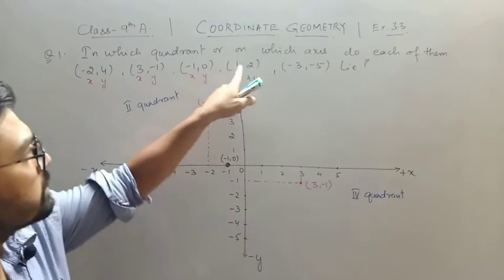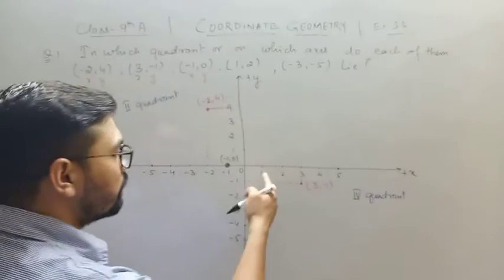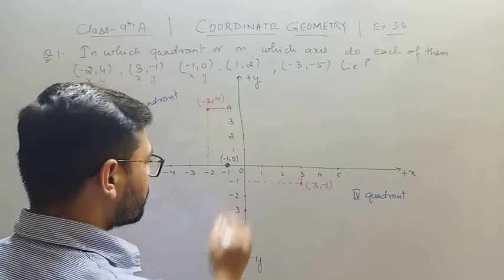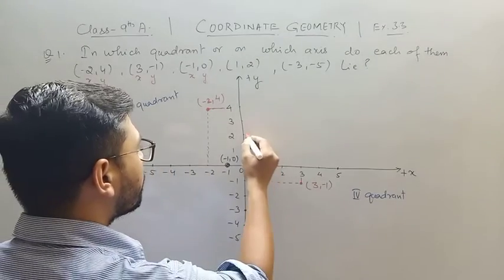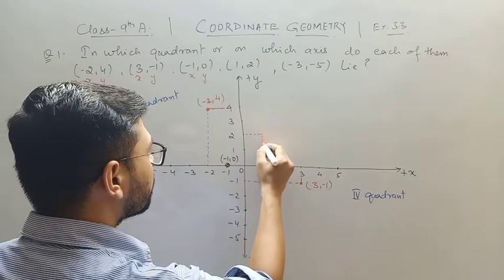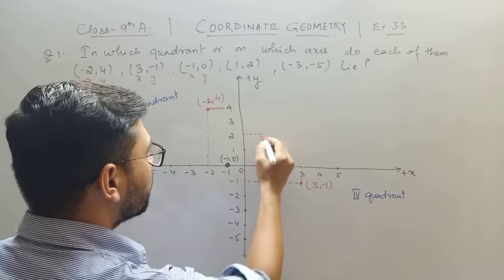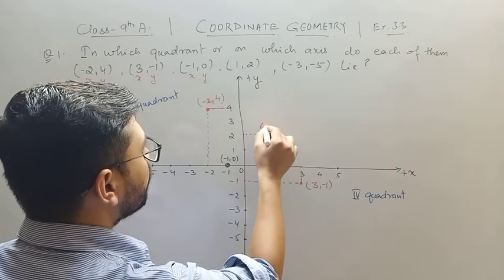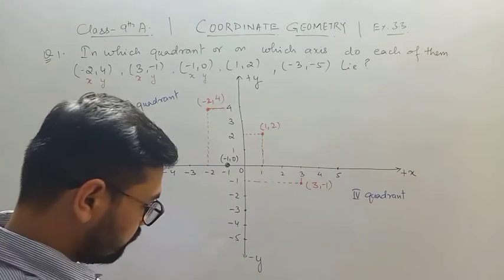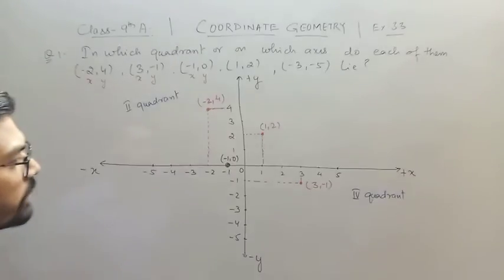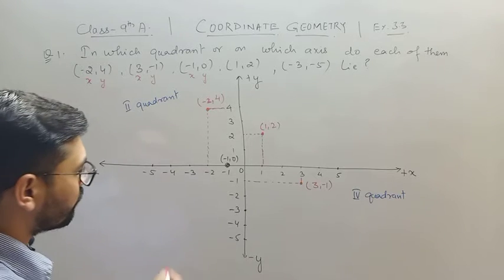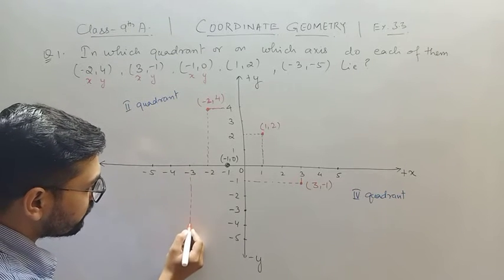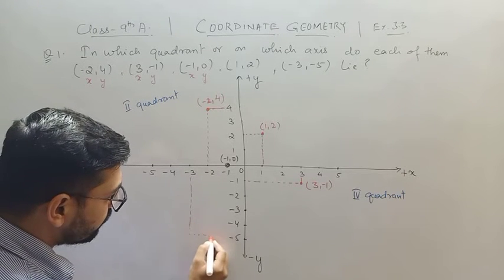Now the next is 1 comma 2. 1 for x, 2 for y. So the point will lie somewhere here. So this point is 1 comma 2. Then -3, -5. So -3 for x and -5 for y. So this point will lie somewhere here.